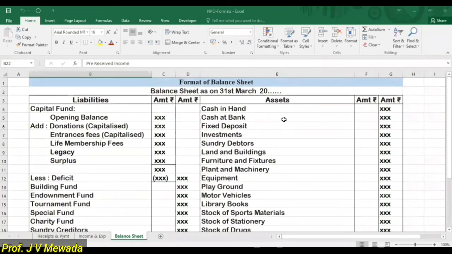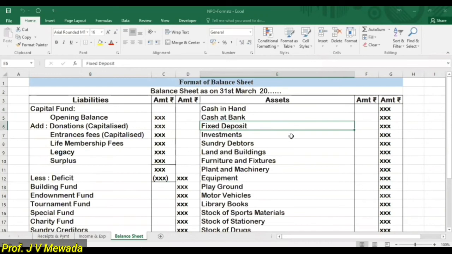And now let us see the asset side of the balance sheet. On the asset side, we have normal assets like cash in hand and cash at bank. Then we are having fixed deposits that we have kept with the banks. Then we have investments. So we are investing in various securities. That investment we are showing as an asset. Then we have normal debtors. Sometimes we have debtors, so we are recording them.